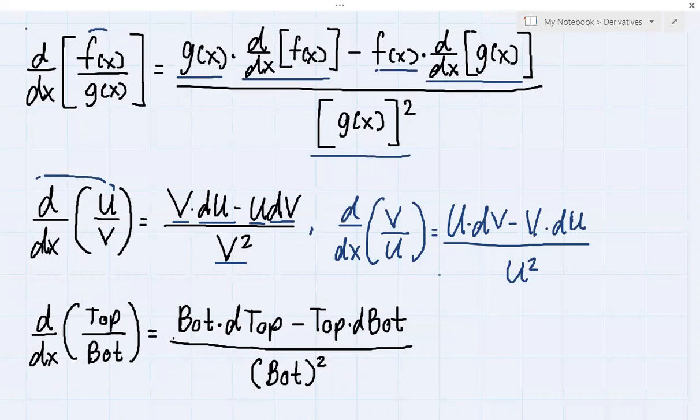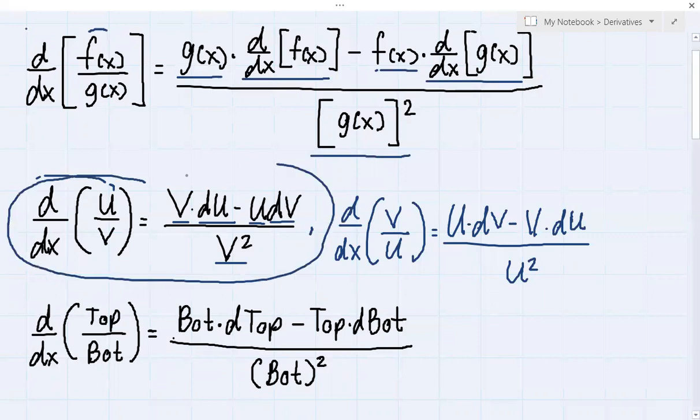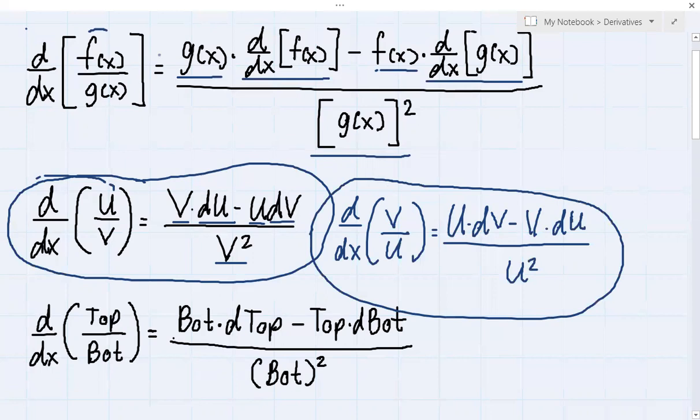So, if you pick U as your numerator and your V as your denominator, then ganito magiging formula mo. Pero kung ayaw mo si U na sa numerator, instead, ilagay mo siya sa denominator, at saka si V, nilagay mo siya sa numerator, then itong gagamitin mo formula. See, they are different.